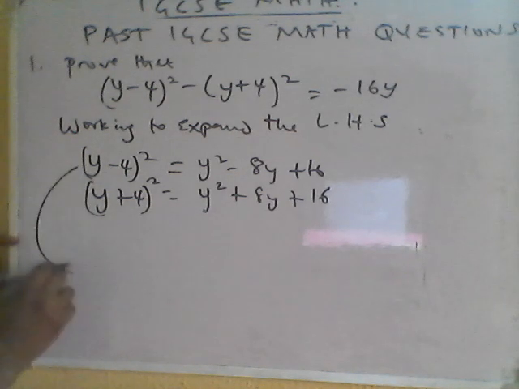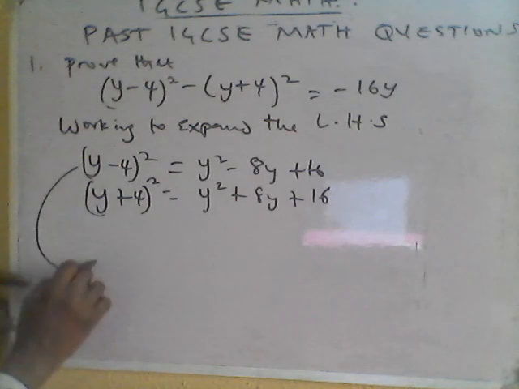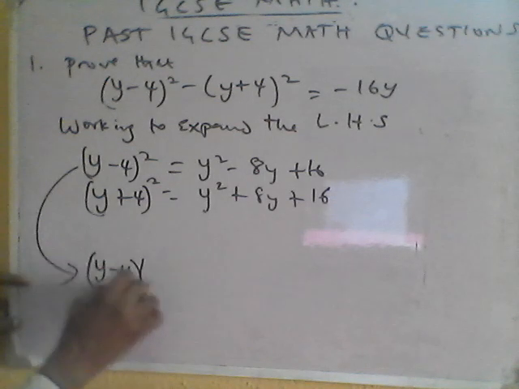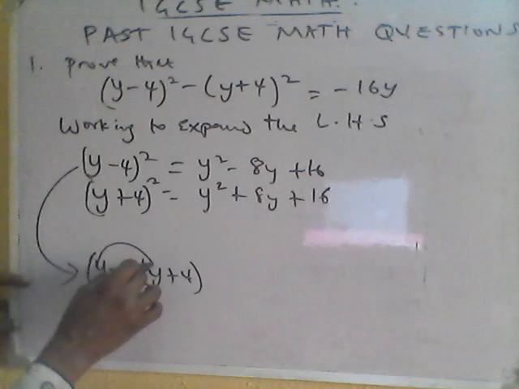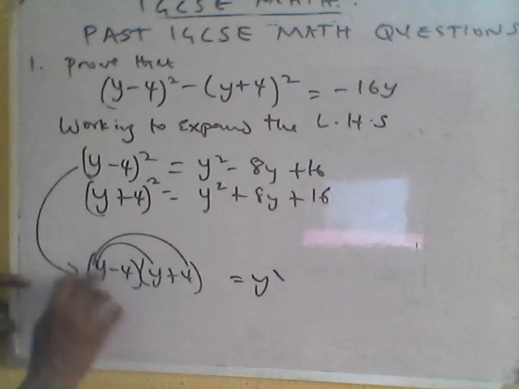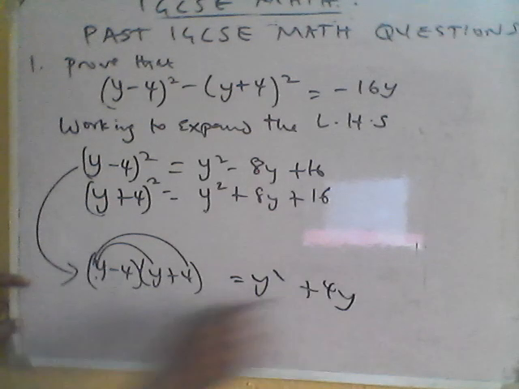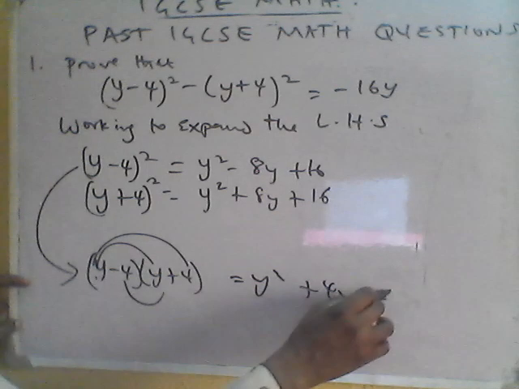Okay, let me come here and explain it again. I don't want to be explaining this all the time. This is y, right? Y minus 4, open bracket, y plus 4. Expand this, multiply this by this first, and this by this first. The first one is y squared, that's this by this. Second one is plus 4y. Then multiply minus 4 by y, minus 4y.